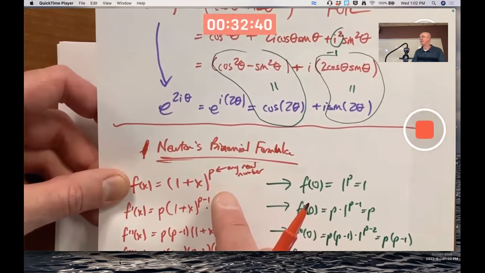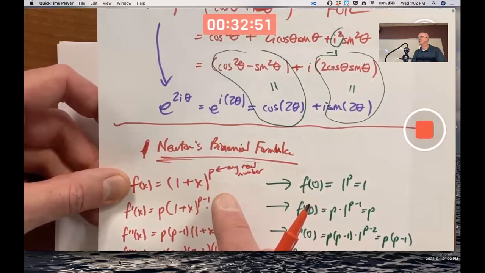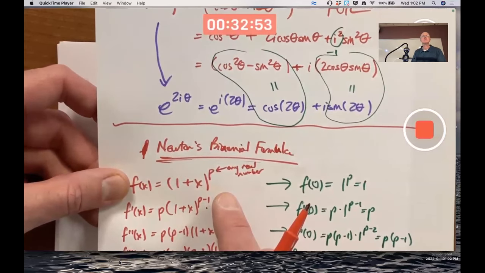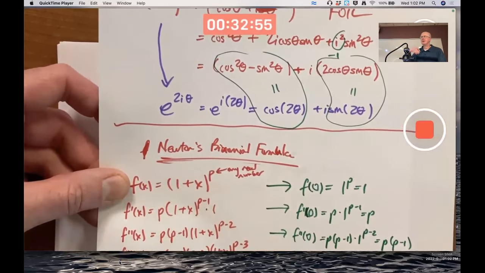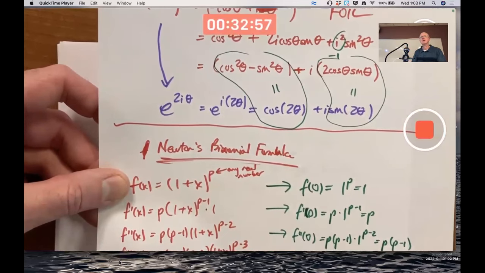We actually already did that example where p was 1/4. Or maybe even a fraction like 5/3, which would mean I'm taking a cube root and then raising to the 5th power. Or a negative fraction like negative 5/3, which means I'm taking a reciprocal before I'm doing the power. Or even an irrational number like pi.